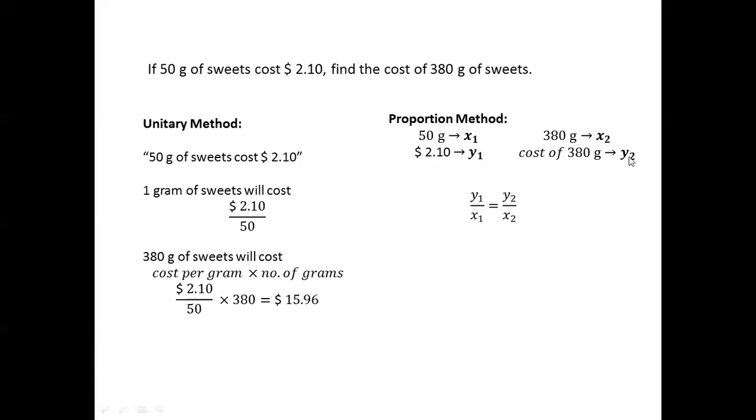Using this formula, all we have to do is substitute the given information. And to simplify this, we have to multiply 380 to this fraction over here, giving us this. And finally, a value of $15.96. So that's how we solve the first problem.